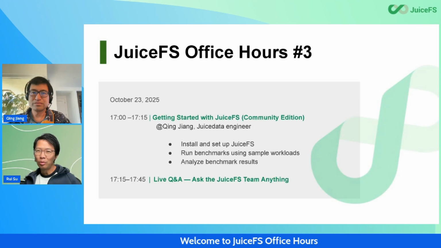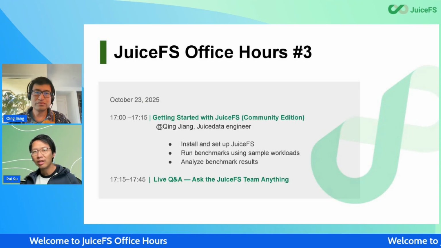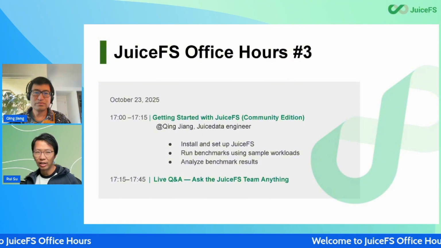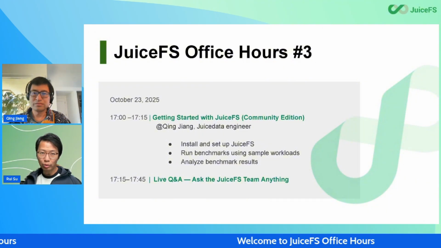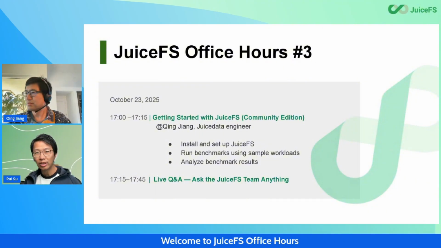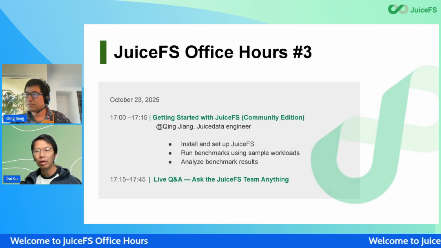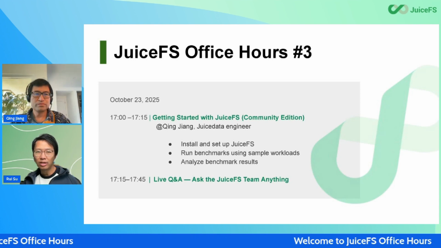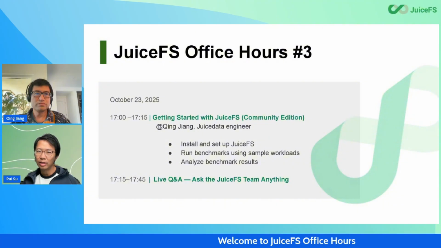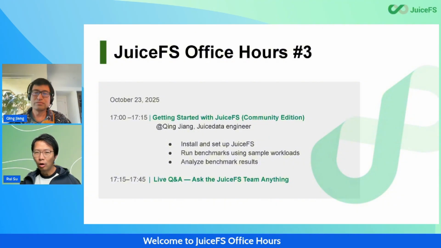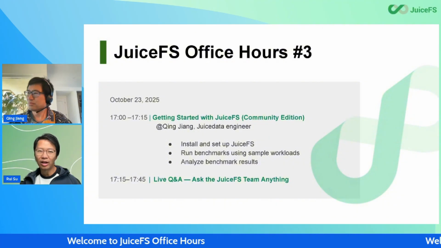JuiceFS is an open source cloud-native file system that's designed for performance and flexibility on the cloud. We have 3 editions: the Community Edition, Cloud Service, and the Enterprise Edition for private deployments. Our Community Edition is open source and has already earned over 12,000 stars on GitHub.